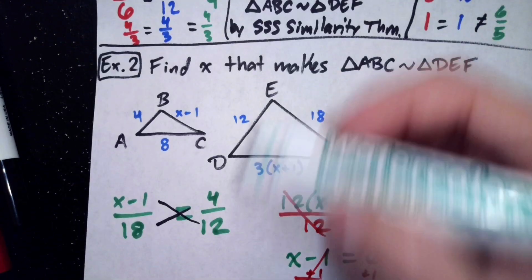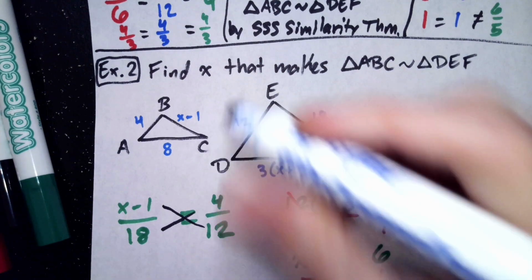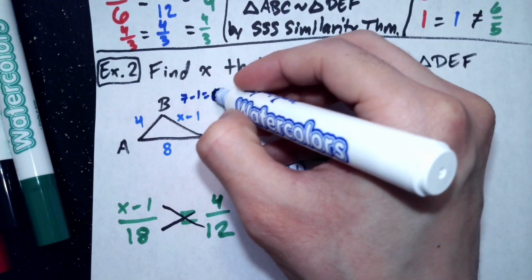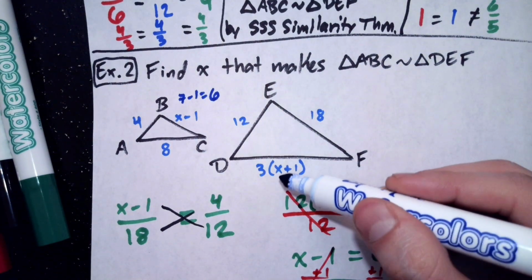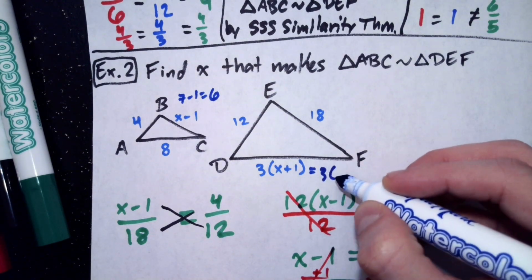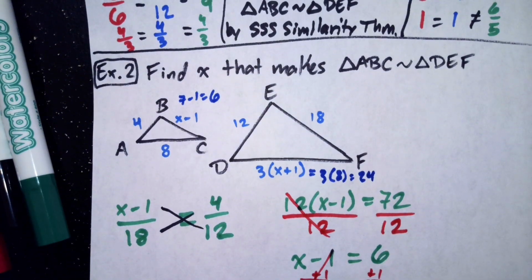This tells me that this side of this triangle ABC is actually 7 minus 1, which is 6. And that tells me that this side right here of the bigger triangle is going to be equal to 3. 7 plus 1 is 8. So this is 24.